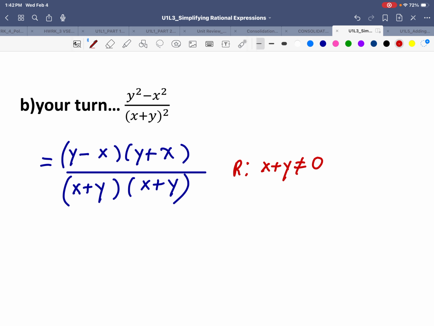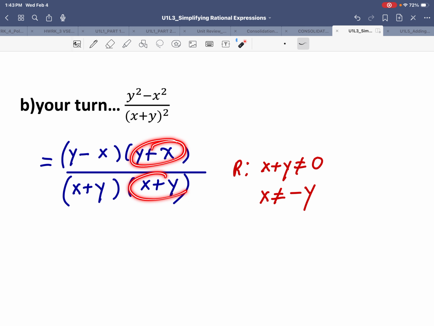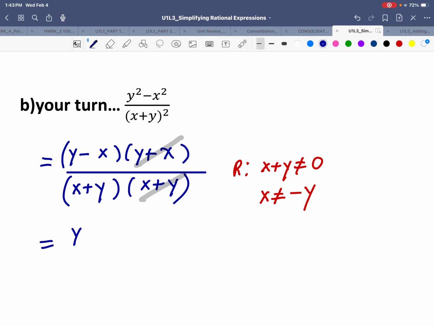So I only have to show the restrictions once, obviously. So I'll say x has to be different than -y. And what you see in here is y plus x and x plus y. They are basically the same thing. So these two will simplify, and we are left with y minus x over x plus y.